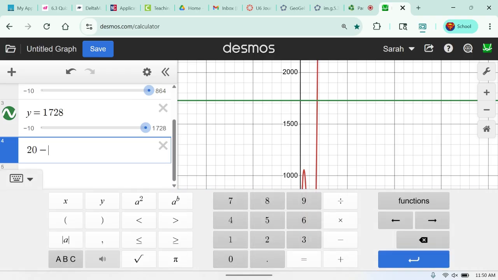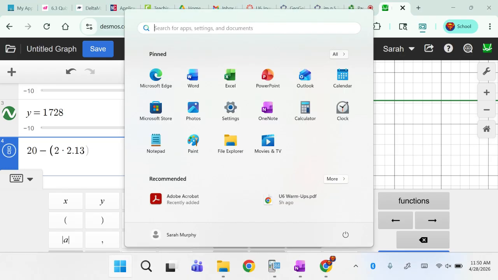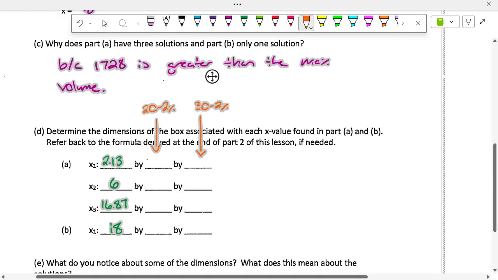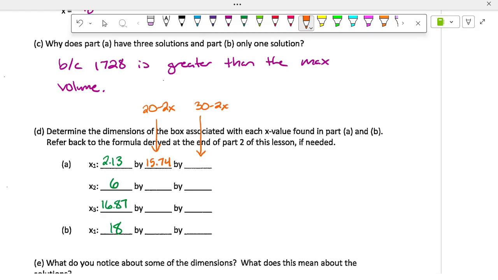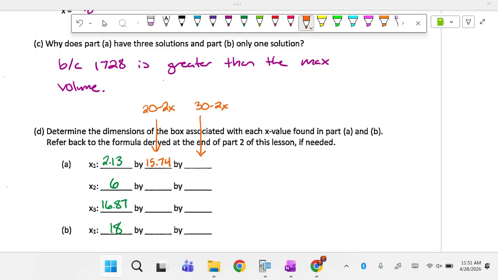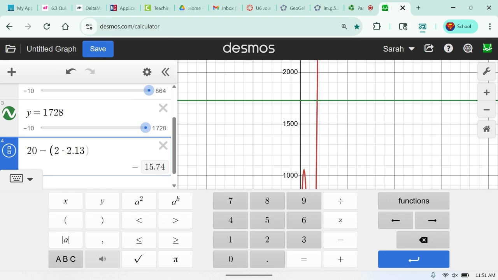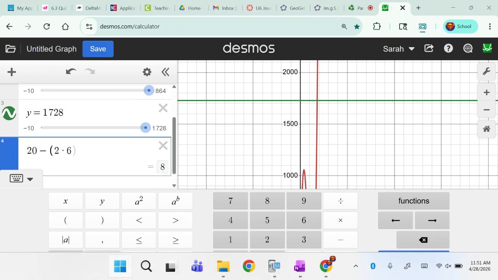So 20 minus 2 times 2.13, it's about 15.74. So that's 15.74. If I plug in 6 into 20 minus 2x, just erase the 2.13, replace it with 6, we get 8.